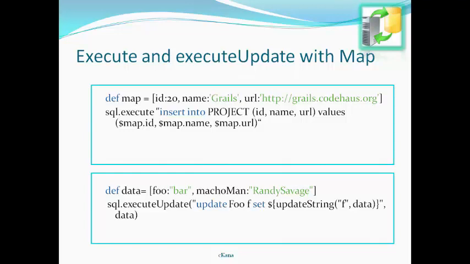The map has the same names like ID, name, URL, so it has the same key names as that in the table, so you can use it directly. Map.id, map.name, map.url. Similarly, in the execute update command, we are using the map name data as it is to update the field names f and data.